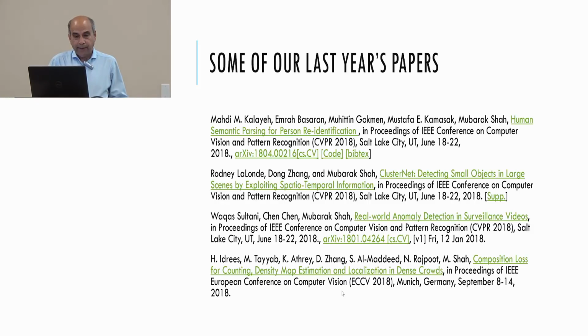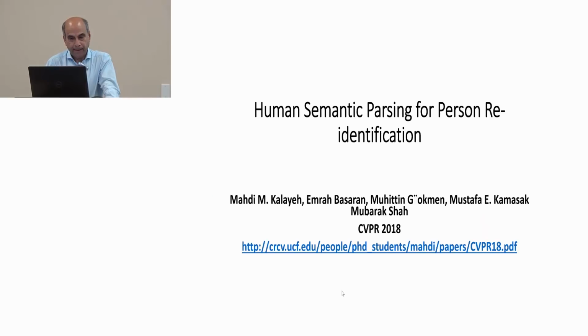Okay, so these are some of our last year's papers published in CVPR and ECCV. I'm going to quickly go through these to give you an idea what kind of research we are doing and how it relates to research in computer vision in general, and some of the work we will be discussing in this class.